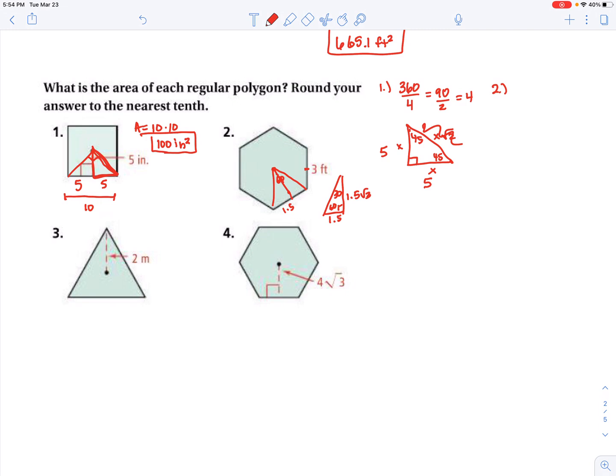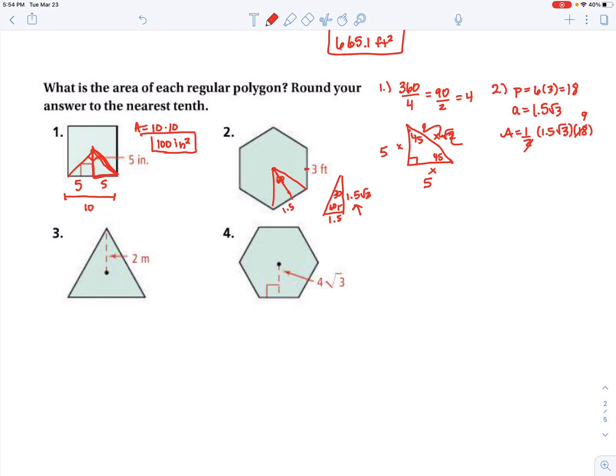So on number 2, my perimeter is going to be 6 times 3, which is 18. My apothem we just found was 1.5 times the square root of 3. So 1/2 times 1.5 square root 3 times 18. That cancels out. That becomes a 9. I think we did this one already, just in a different format.